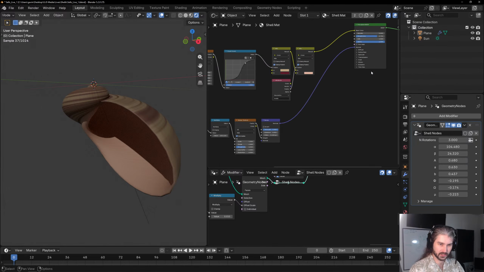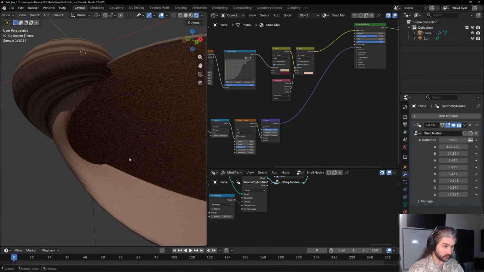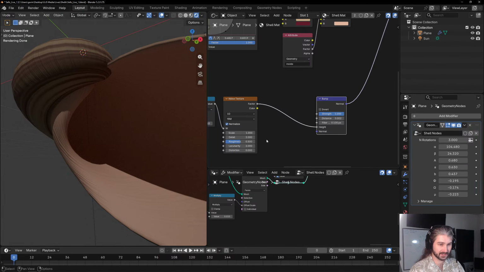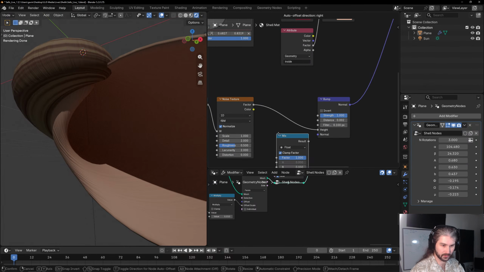I want to adjust the, well, okay, we need to switch the bump. We need to mix the bump, I should say. It's not a switch in shaders, but we need to mix the bump so that we don't have any bump on the inside. So let's get in another mix node.